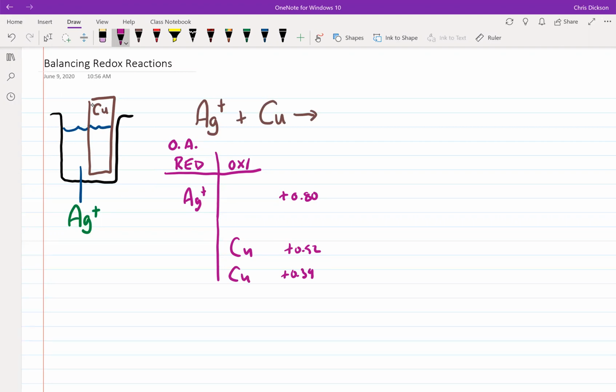The way I've written this is how it appears on the table, and that is to say that the silver reaction is higher than the copper reaction. In previous videos, I called this a step down reaction. It has nothing to do with gender there, but it's going downhill, and it's a spontaneous reaction then.